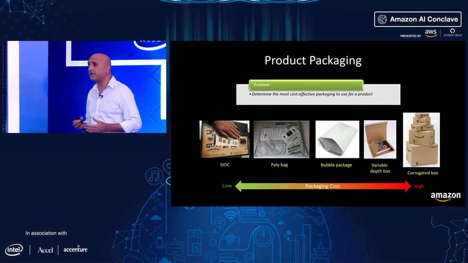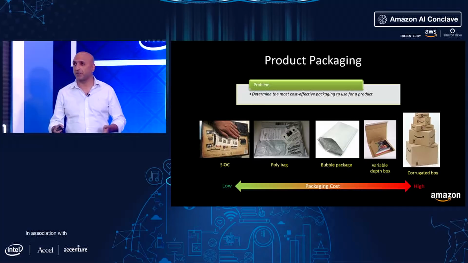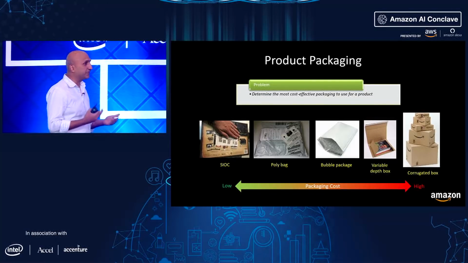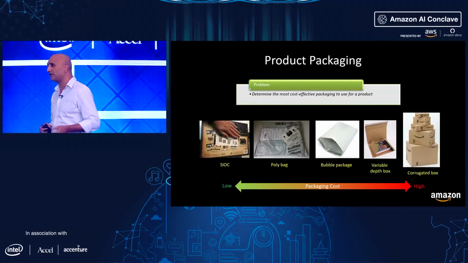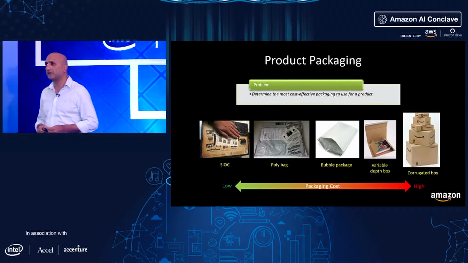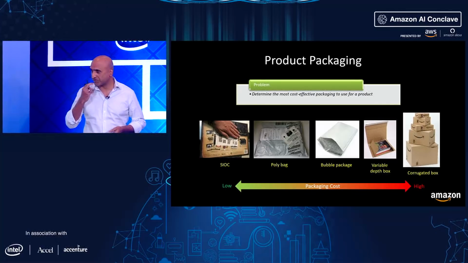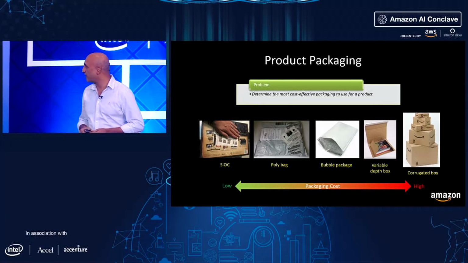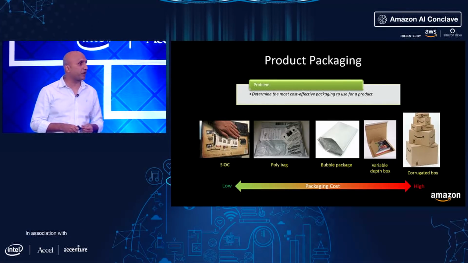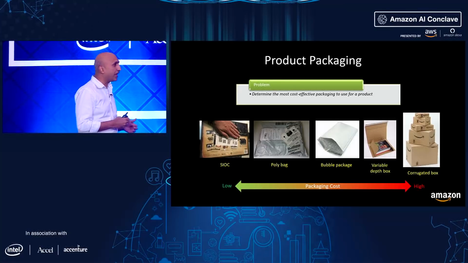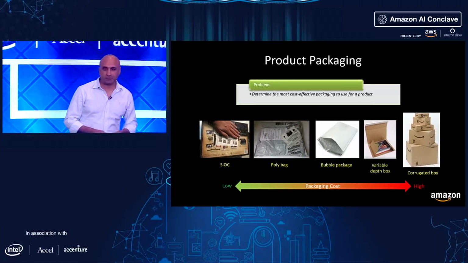And the key thing here is while we want to reduce the cost of packaging, we also want to make sure that we cause the least amount of damage to the product, right? You could put everything in very cheap packaging, but if it damages the product, that's not very useful. So here you can see different types of packaging in terms of increasing cost. So we choose the best packaging for a product that also concurrently will cause the minimum amount of damage to the product.